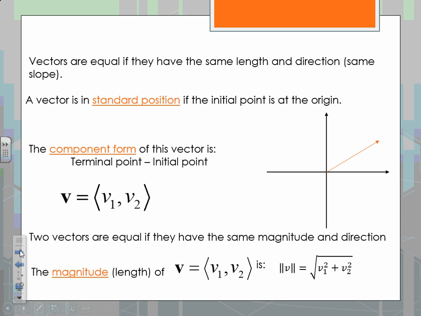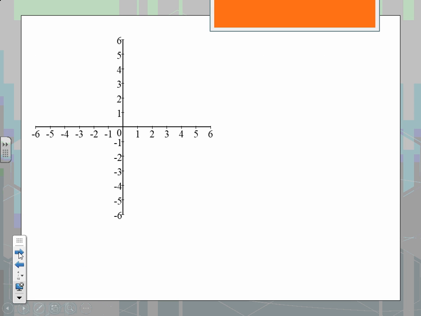Terminal point minus initial point, of the y's and the x's for each separate point? Yes. Here, let me show you. Here I have PQ. It begins at -3,4, it ends at -5,2.